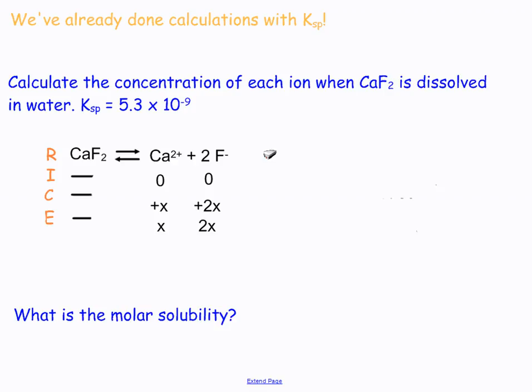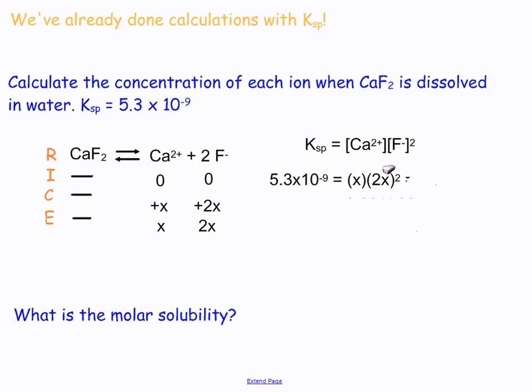Then we can plug it into our KSP expression, which is calcium ions times fluoride ions squared. So I take my equilibrium constant that I'm given, X and 2X. Make sure the 2 is in the parentheses along with the X when you do (2X) squared.